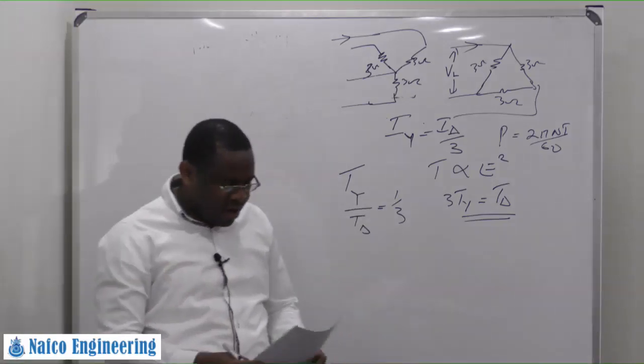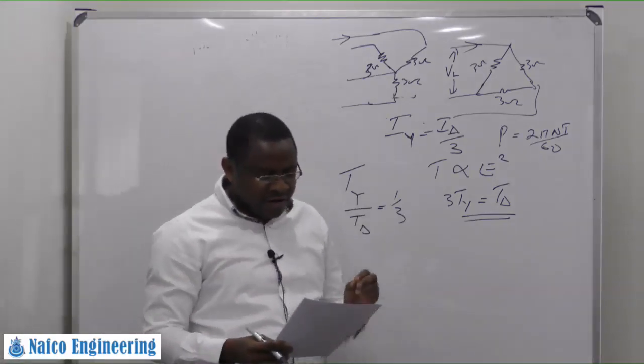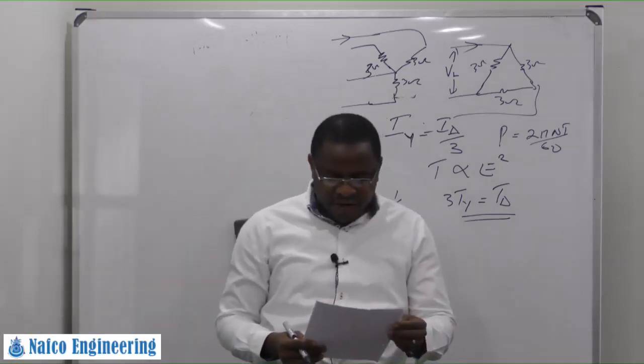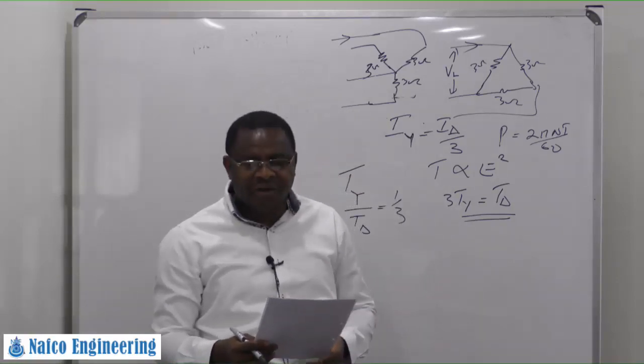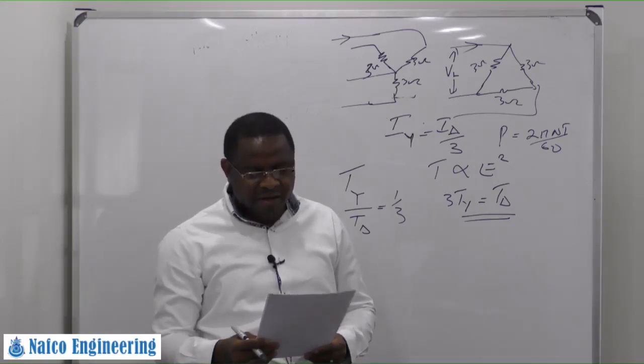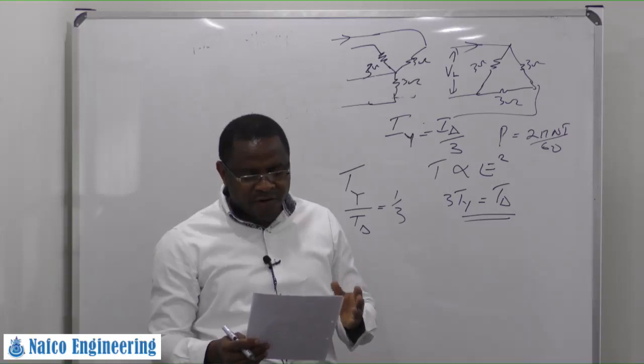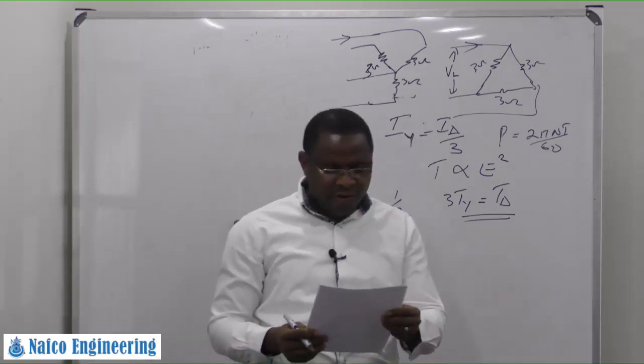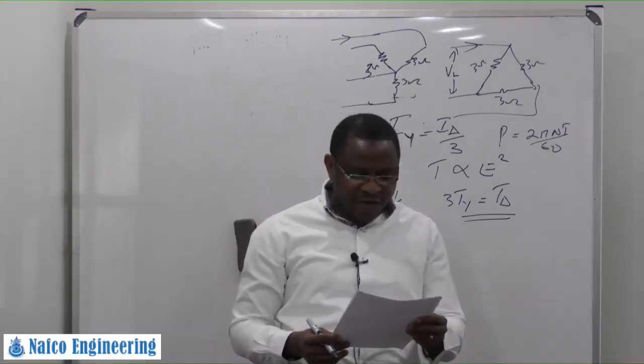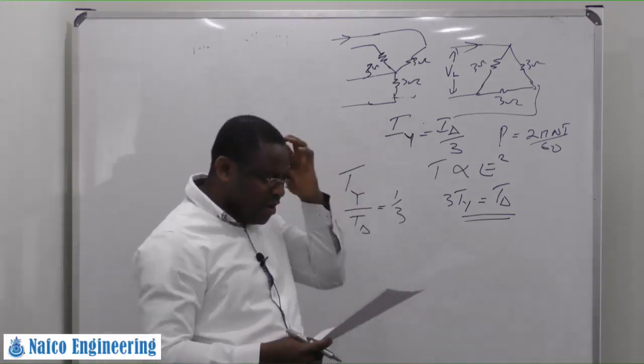Okay, so now let's look at this question that says star delta starting is used on a 45 kilowatt 3-phase 525 volt 1440 RPM motor with a power factor of 0.85 and efficiency of 92%.